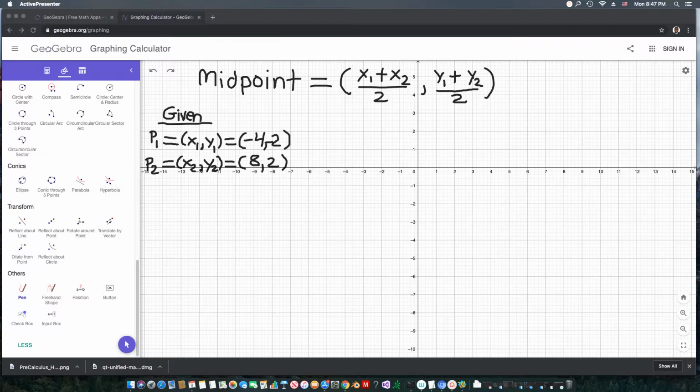For point 1, we have the values -4 and -2. And for point 2, we have the values 8 and 2. So point 1 and point 2 represent the endpoints of a line segment. And what we're going to do is take the midpoint formula and determine what is the midpoint between these two points. So let's begin.